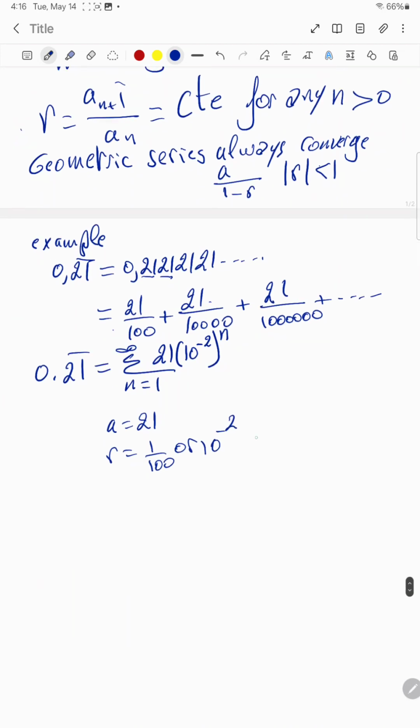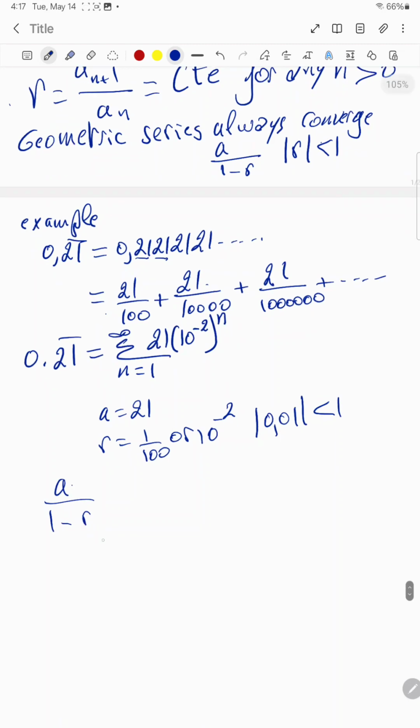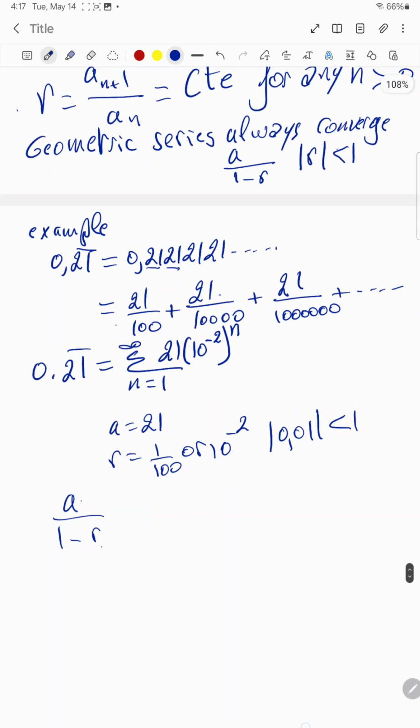So the absolute value of 0.01 is less than 1, so it converges, and it will converge to a divided by 1 minus r, where a is my first term and r is my ratio.